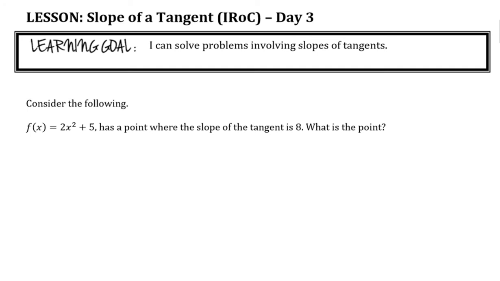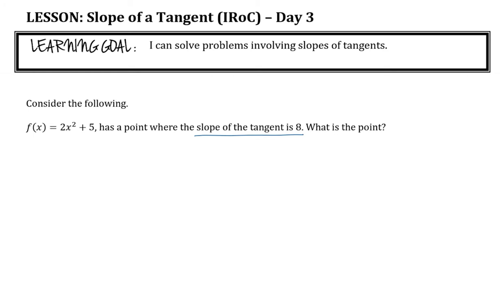What's going to be a little bit different in this one is that we'll recognize right away that this question is a polynomial. Okay, it's just quadratic. But instead of giving us the x value or the point, it's giving us the slope of the tangent. So these questions are different, obviously, and the way we set them up is a little bit different.